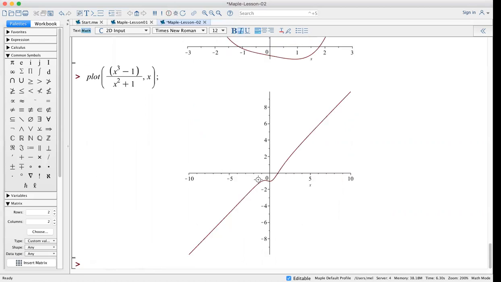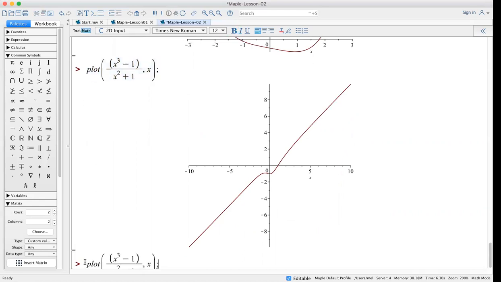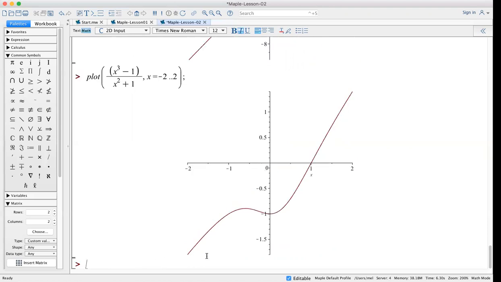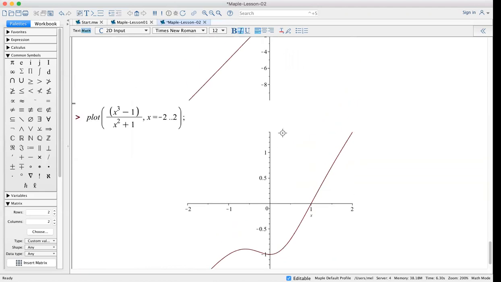So that's what this rational function looks like. I'm curious to see what's actually going on here. This is where it's sort of interesting. Maybe I'll graph it from -2 to 2. Yeah, it's kind of nice.